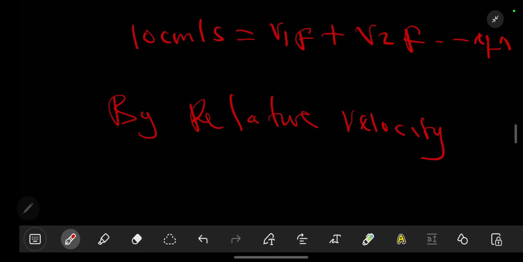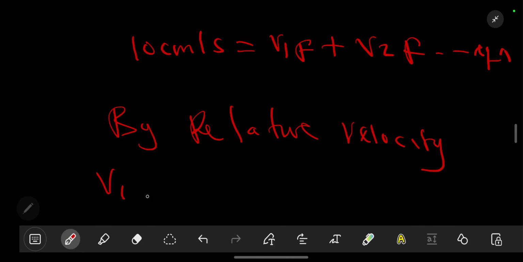We are going to say V1 initial minus V2 initial should be equal to the same thing, but put a negative, open brackets, V1 final minus V2 final, like that.